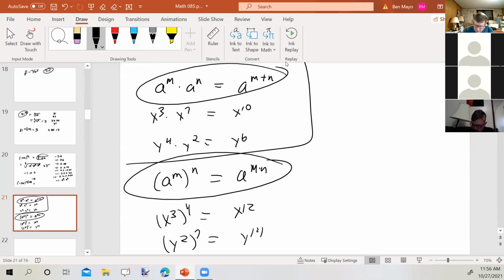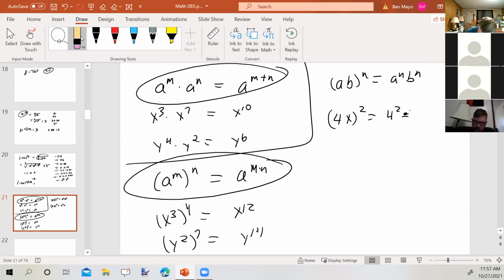Okay. If you have a product raised to a power, you attach the outside exponent to each factor inside the product. So let's say I've got 4x, the quantity squared, that's 4 squared x squared, or 16x squared.